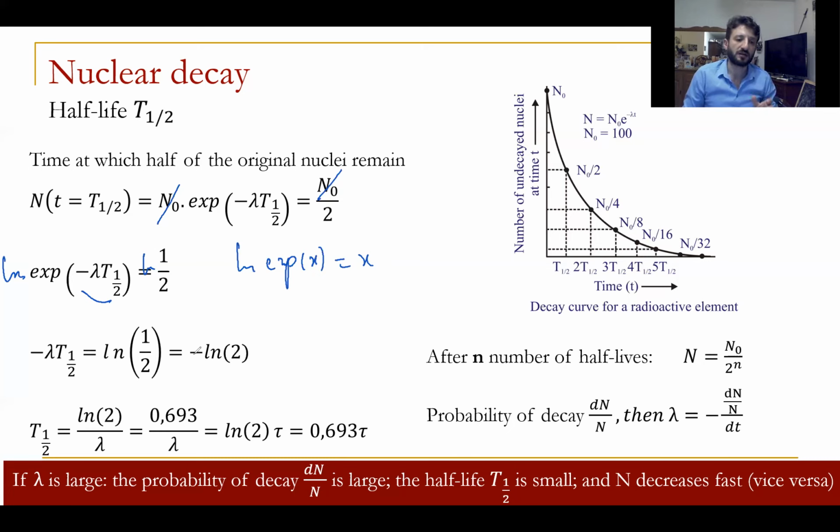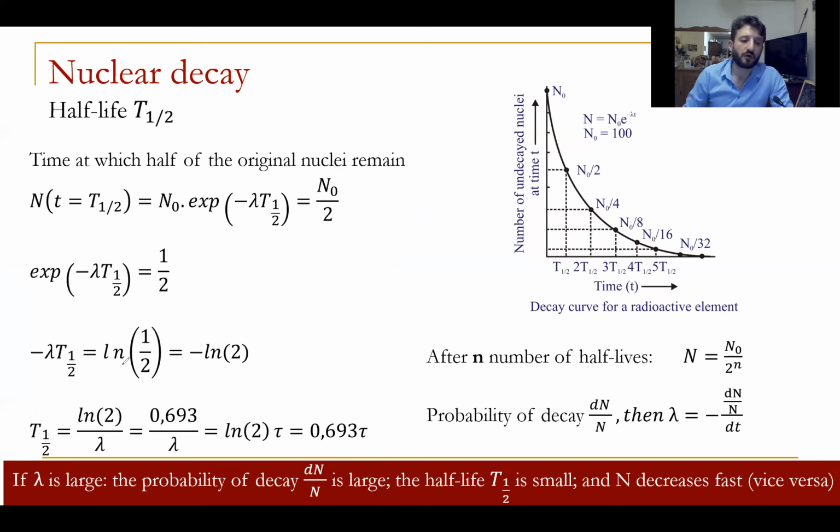We can simplify this one. We get finally t half equals ln 2 divided by lambda. And you know, 1 divided by lambda equals tau. So we can write tau times ln 2, we get 0.69 tau.